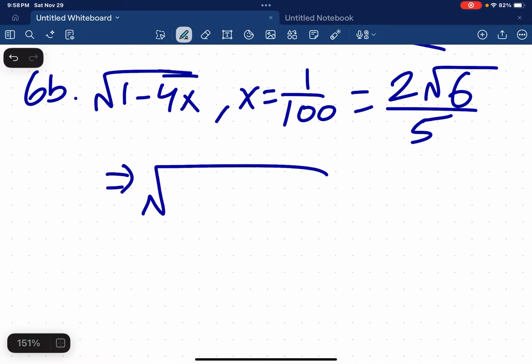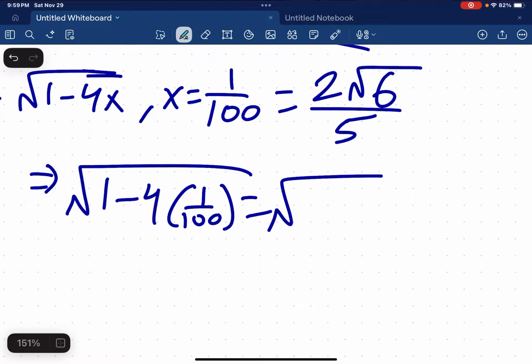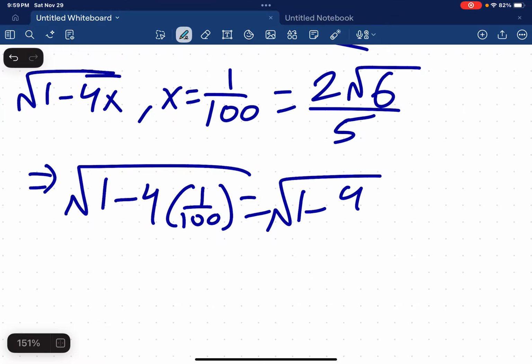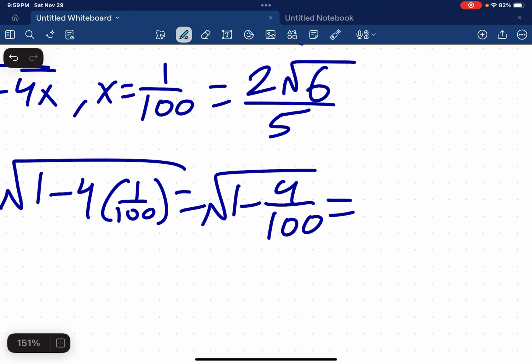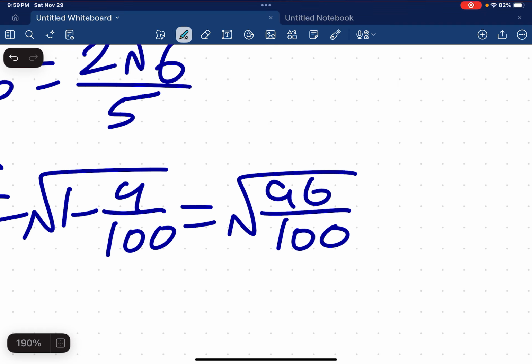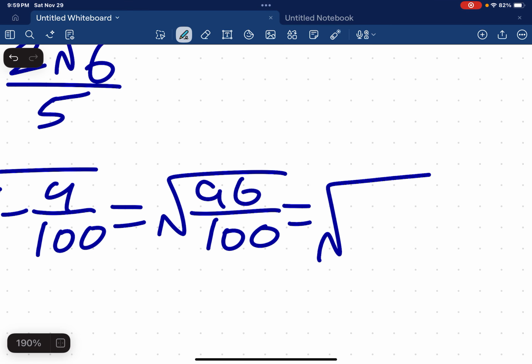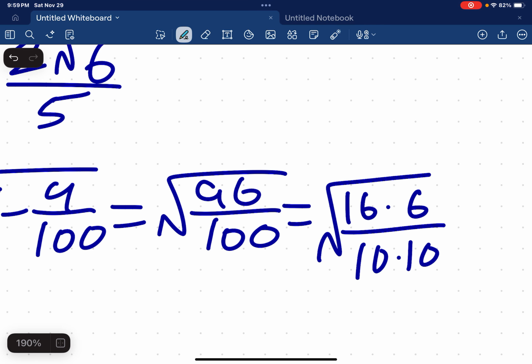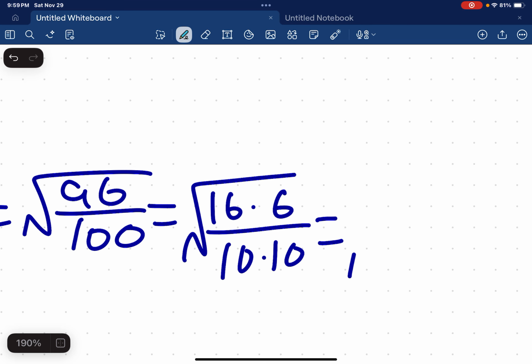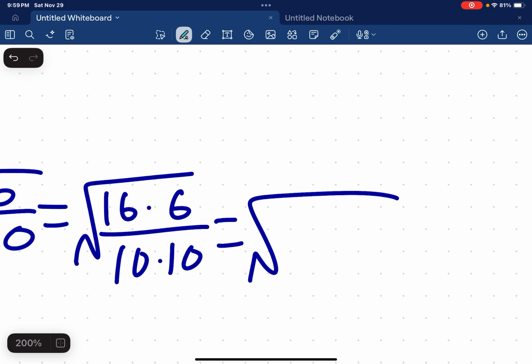So we'll get the square root of 1 minus 4 times 1 divided by 100, which is equal to the square root of 1 minus 4 over 100, which is then equal to the square root of 96 over 100, which in turn is going to be equal to the square root of 16 times 6 over 10 times 10, which is equal to 4 over 10 times the square root of 6.